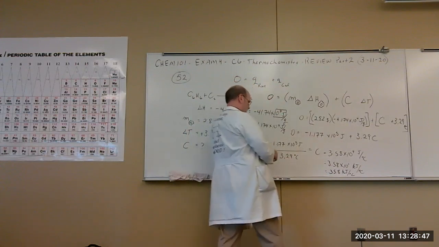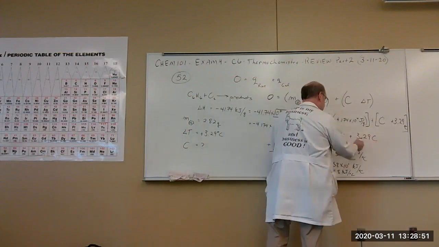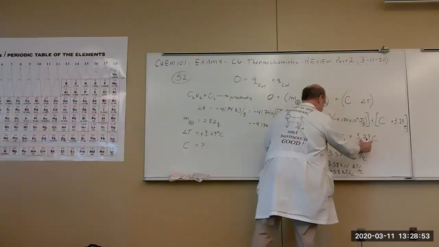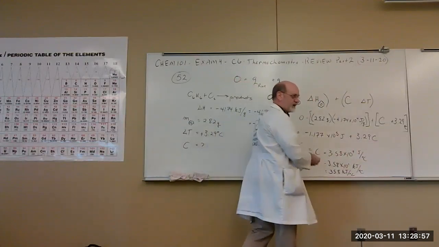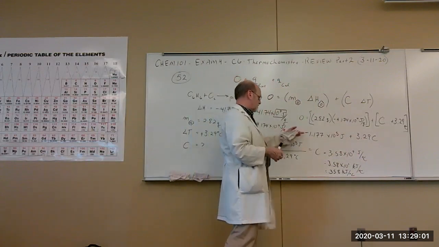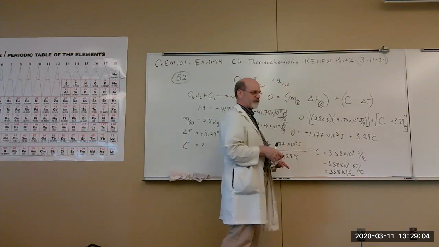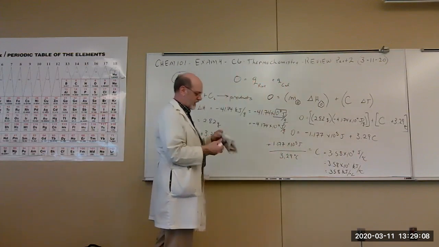And then, once this is over here, I've got 3.29 times C, so to solve for C, I just need to divide both sides by 3.29. And then you get the value for C. I was going to do this normally in 2 steps, I'll do it in 1 step. I'm just trying to save time.